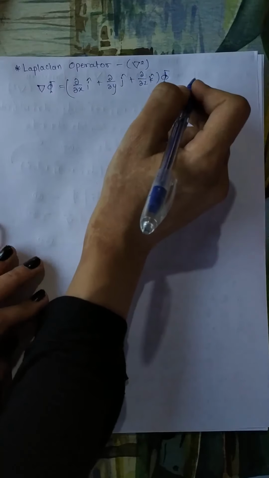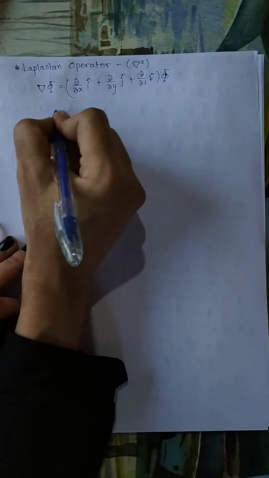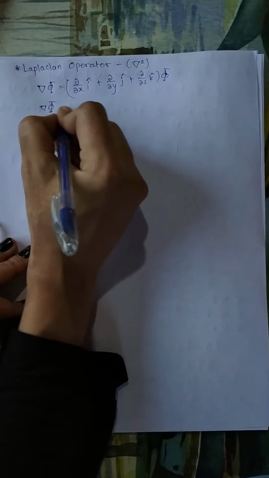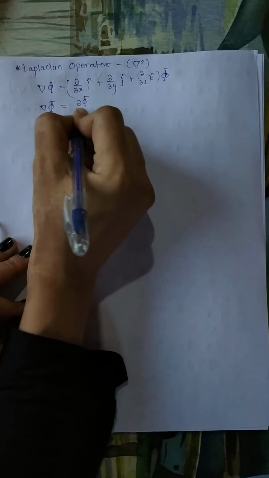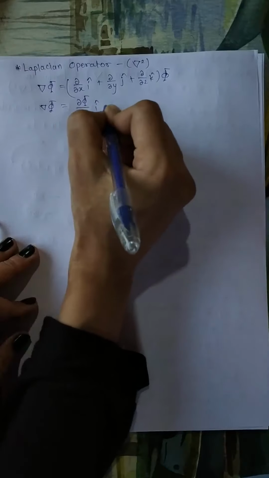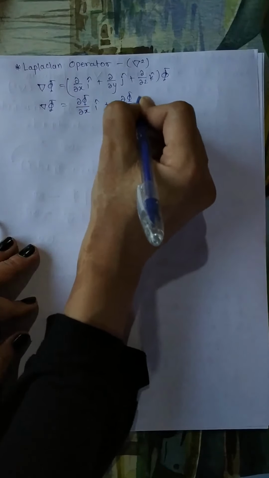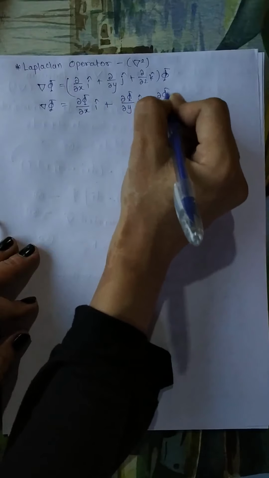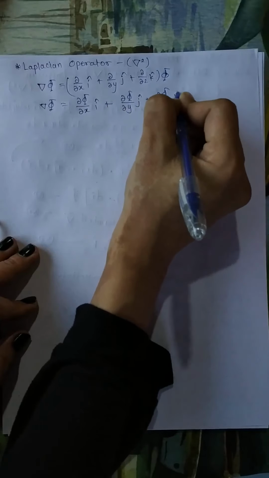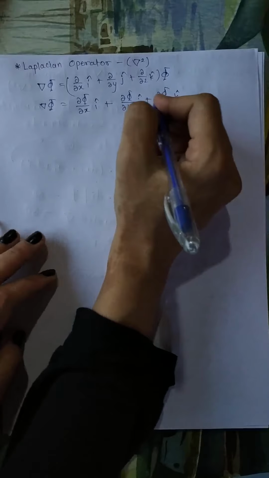We have already discussed this, or this can be written as dou phi upon dou x i cap plus dou phi upon dou y j cap plus dou phi upon dou z k cap. So this is the del operator.